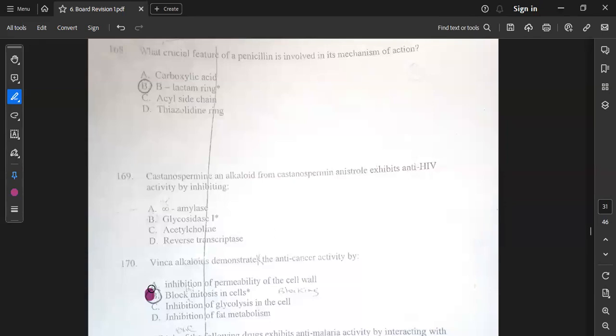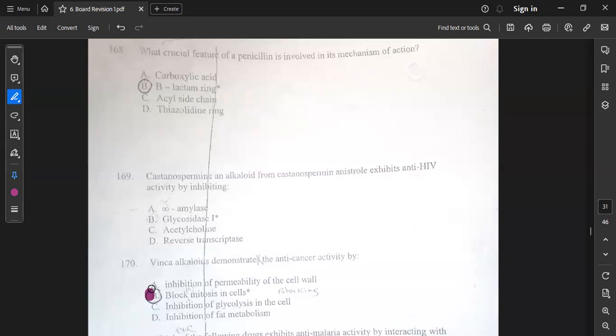Then castanospermine, an alkaloid from that plant, exhibits anti-HIV activity by inhibiting... Okay.